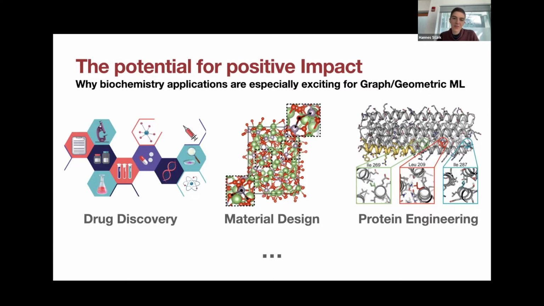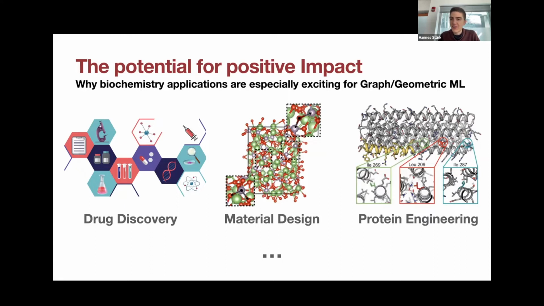If we find a protein that is better at connecting to some other protein and then inhibits the function of that other protein, maybe that protein is essential for the survival of some bacterium, and if it can no longer function, then we kill the bacterium.